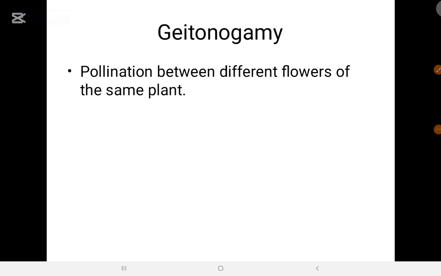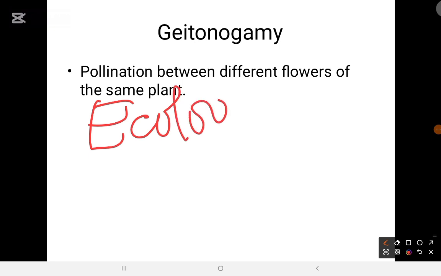Then geitonogamy is just pollination between different flowers of the same plant. According to an ecologist, is geitonogamy the same as autogamy?